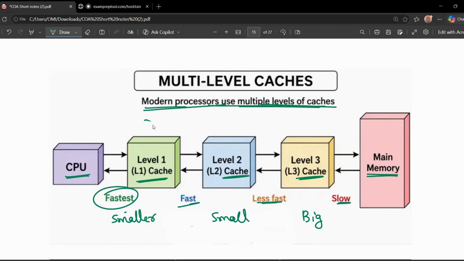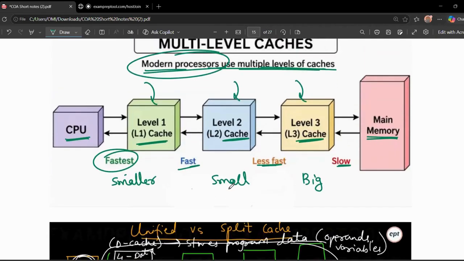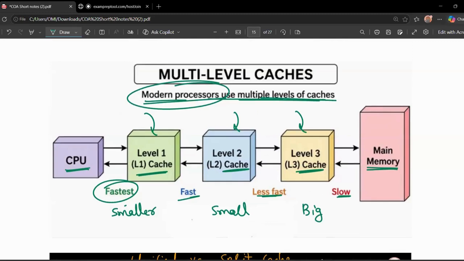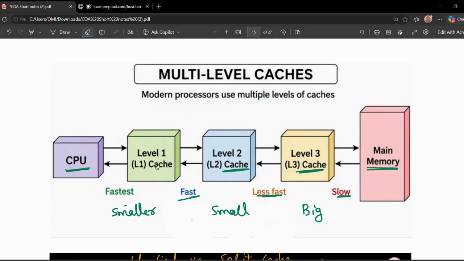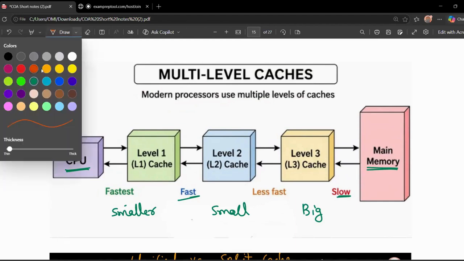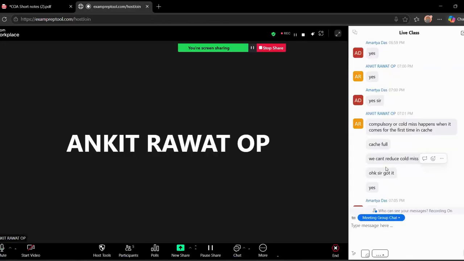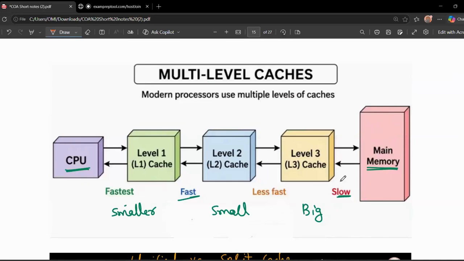Now, multiple levels of caches you will find if you look into the processors. If you open your processors, this way some levels of caches are there. Can someone tell why the multiple levels are required? See what the CPU requires. The CPU requires mainly two things.